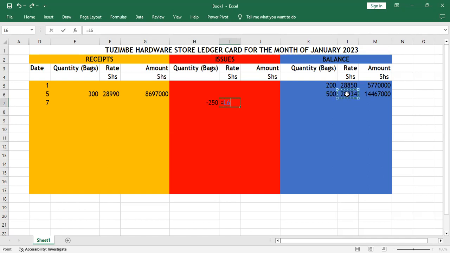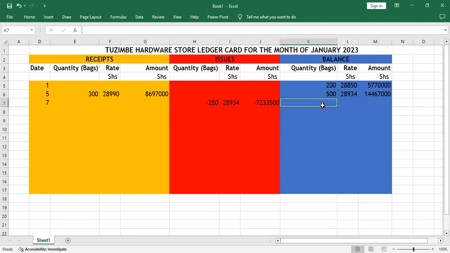So this is what we use to value these bags which we are issuing out, meaning that the cost of this issue, I get my quantity, the number of bags, times the rate, which is our weighted average, to come up with 7,233,500. That is the cost of these bags we are issuing out.